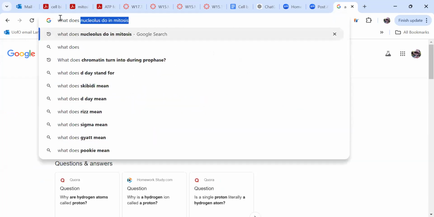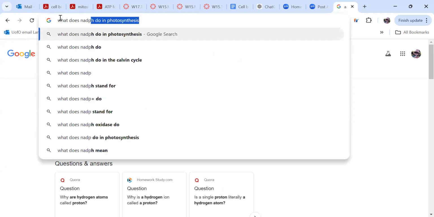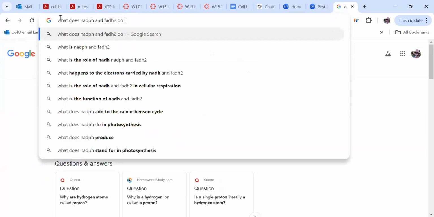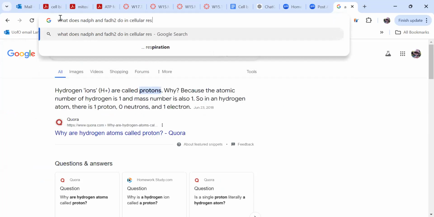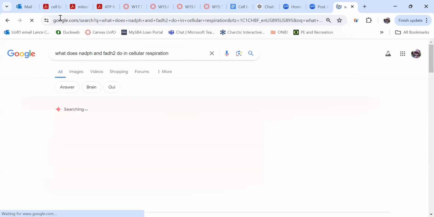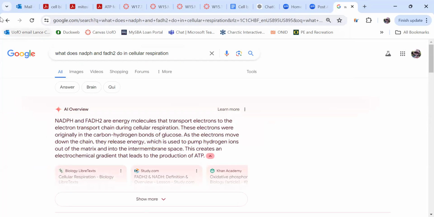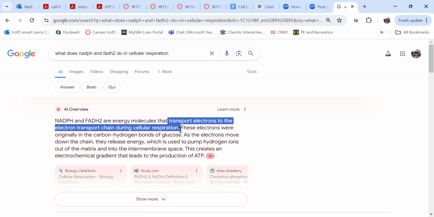What do NADH and FADH2 do in cellular respiration? Oh, more AI. Energy molecules that transport electrons to the electron transport chain during cellular respiration. Okay. That's a good one to write.